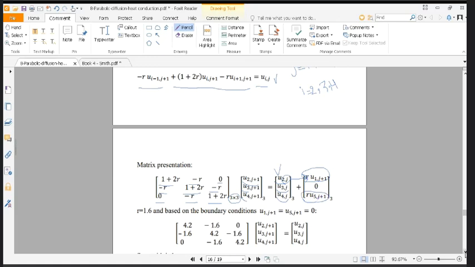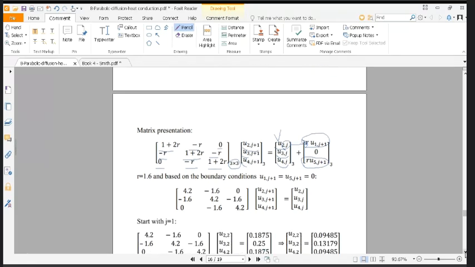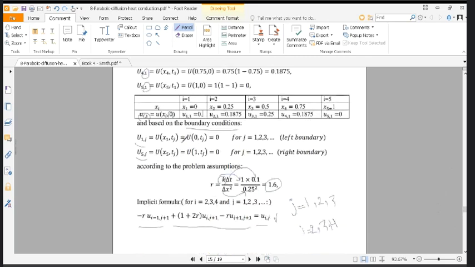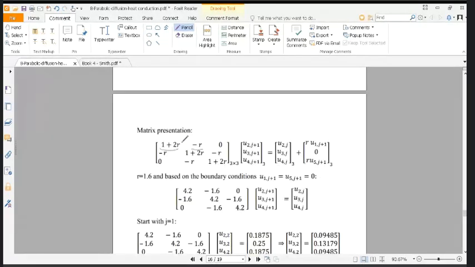It is sufficient to replace the values of 1 plus 2r and minus r. If we replace them, we have 1.6 for r.